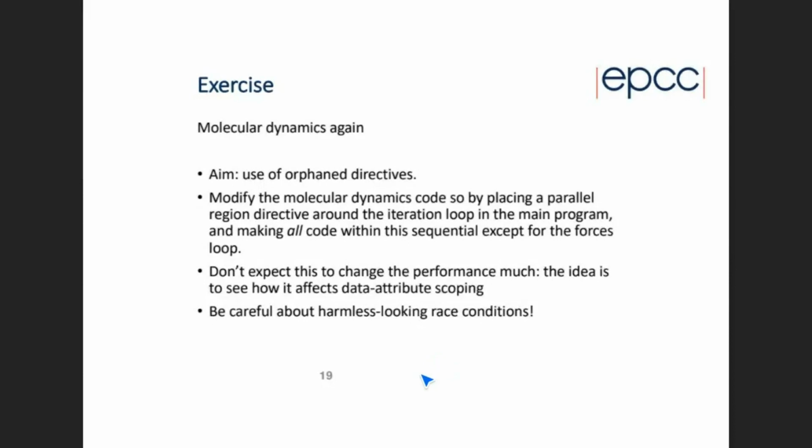So you can basically hoist the parallel region outside of the forces routine into the main program, and see what happens. In this case it's not going to impact the performance, but the idea is to see how it affects the data attribute scoping, and how you handle private and reduction variables.